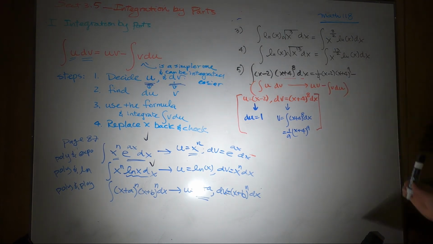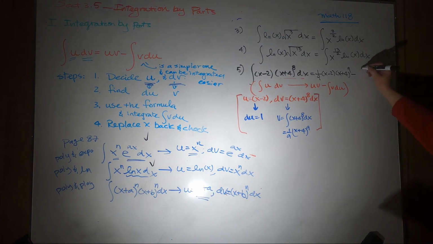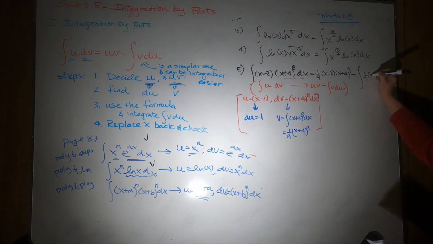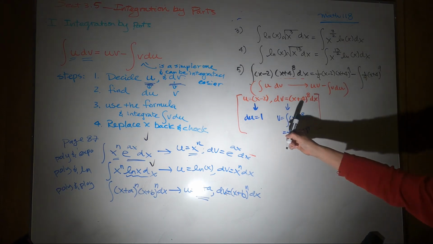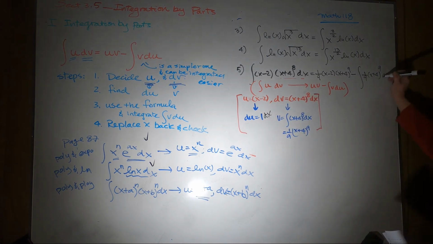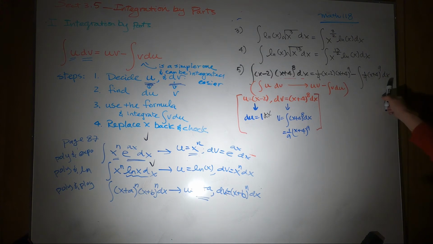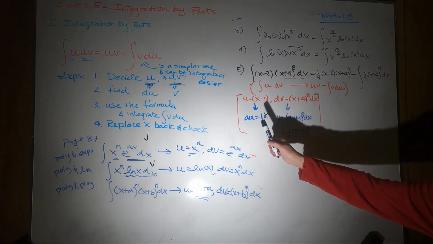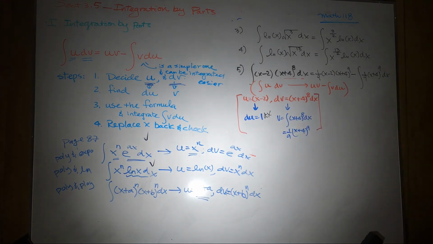That's your uv, okay? Minus v du. v is this, 1/9 (x plus 4) to the 9th power, times du, which should have dx, right? v du.